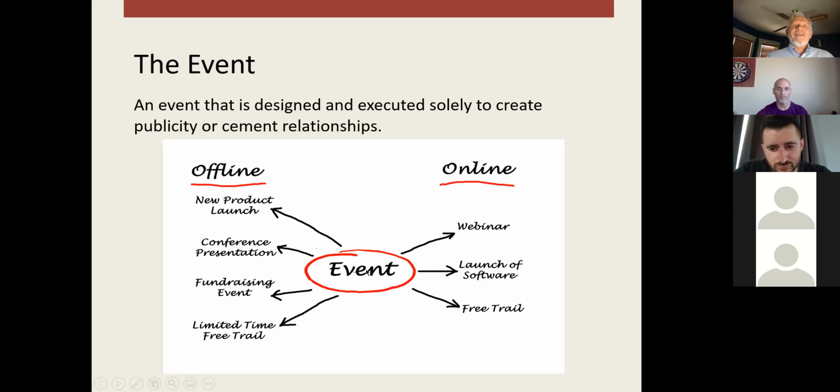But an event itself has an additional element, and that is that the event planning, and we haven't talked about this, needs to coordinate with all of the advertising.